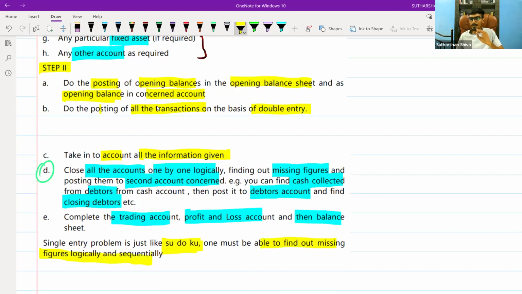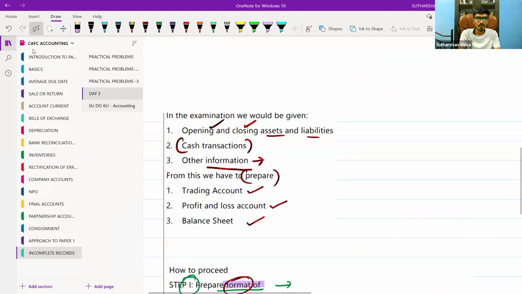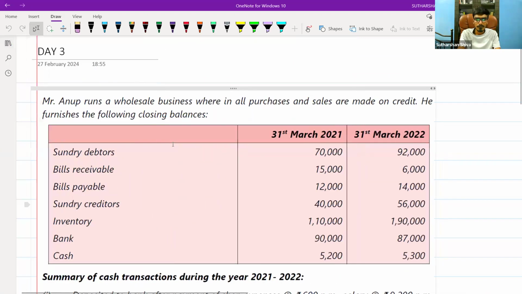You can easily play with the numbers. Once you start loving these numbers, the single entry system will be easier for you. Now we will move to the question which comprises all the adjustments which have been given.